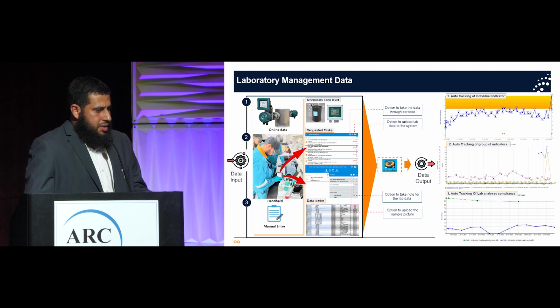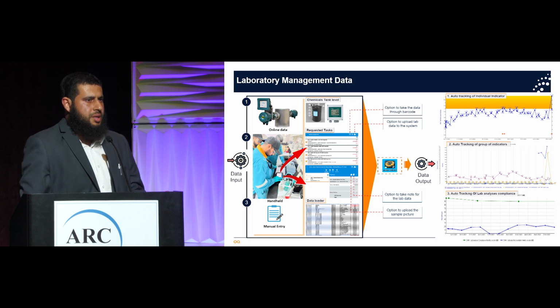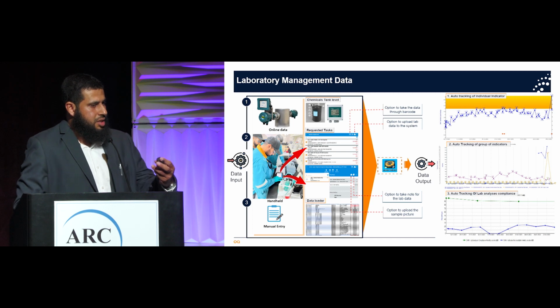You see here the data is passing through 3 stages. The first stage is the data input, then we have the data processing, and we have the data output. We have the handheld. On the handheld, all the data requested from the laboratory chemist to enter, they receive it on a daily basis. They enter them, and for some of the data we get online data through the analyzer.